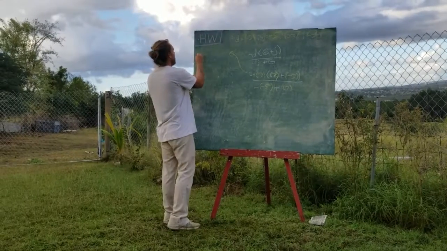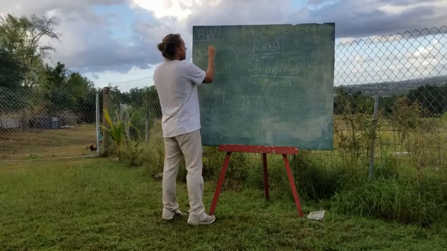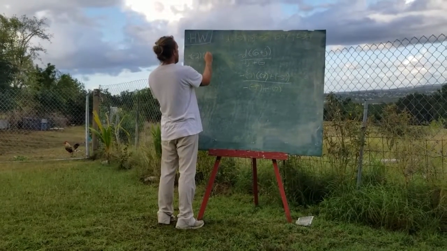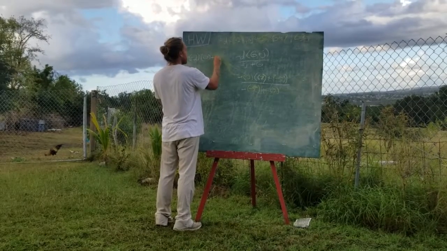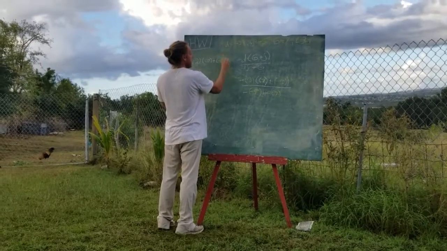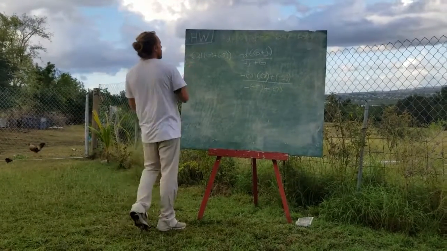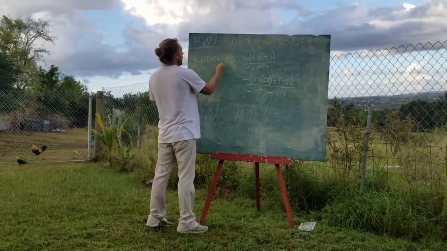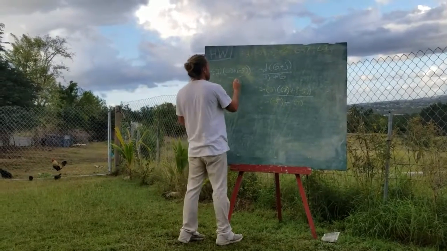We have a negative 2 times quantity 7 plus negative 5. All right, so we're going to work within our parentheses first. We have a 7 plus a negative 5, which is 2.